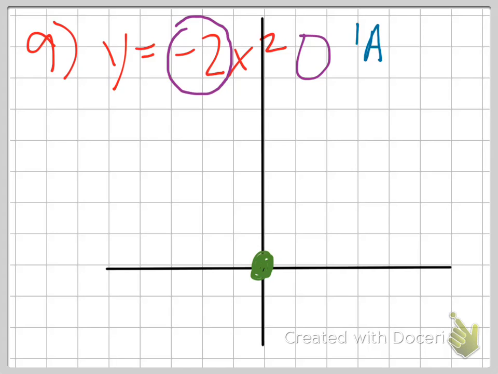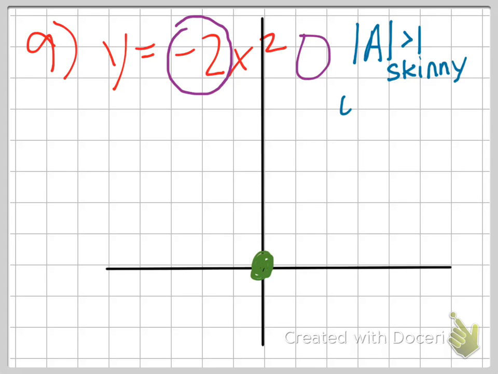So, if the number in front of x squared, the absolute value, is greater than 1, so if it's 1.5 or 3 or 5 or even negative 2, negative 7, if the absolute value is greater than 1, it's going to be a skinnier graph.